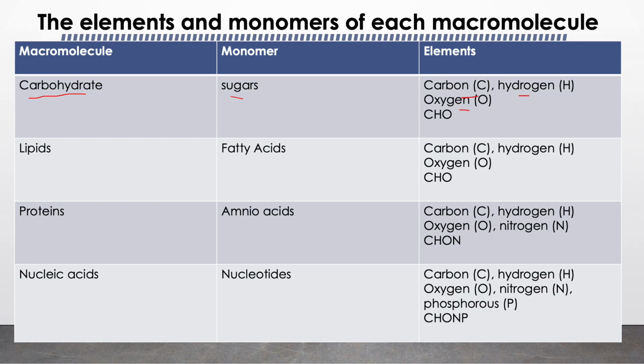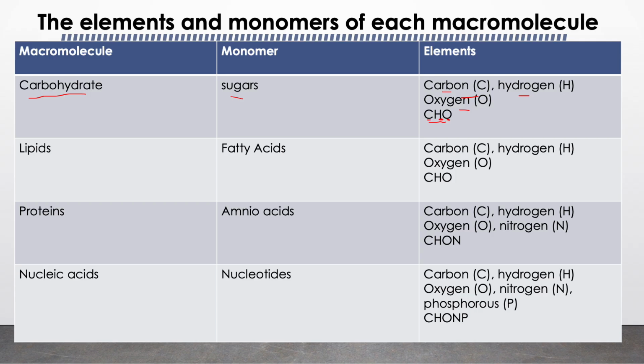The letter that's put in parentheses is the element symbol. Instead of having to write out the whole word, C means carbon, H is for hydrogen, O is for oxygen. And sometimes students will say that's CHO, meaning carbon, hydrogen, and oxygen.